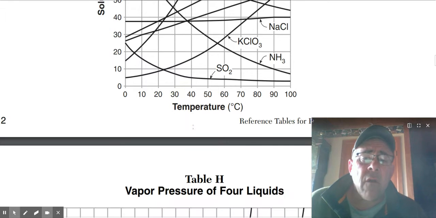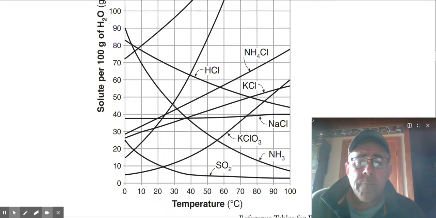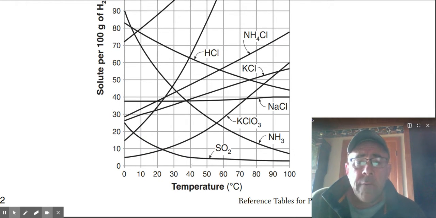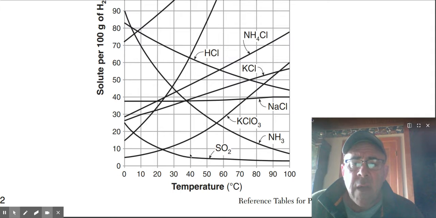So to use the graph, we need to find the temperature and the material. This is KCl. That's this graph. My little pointer is working here. At 40 degrees, right now, it has 14 grams in it.